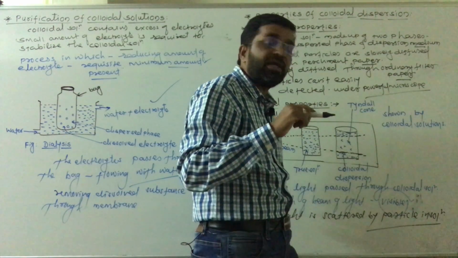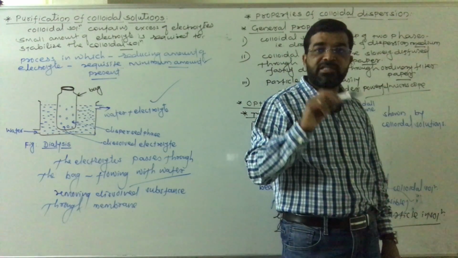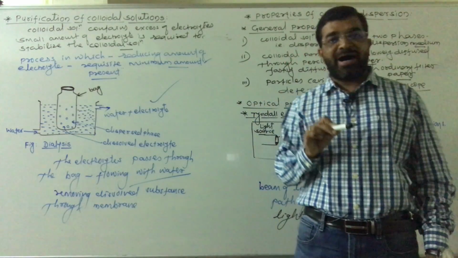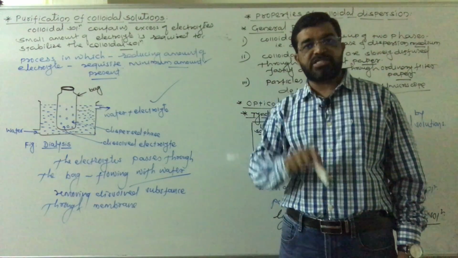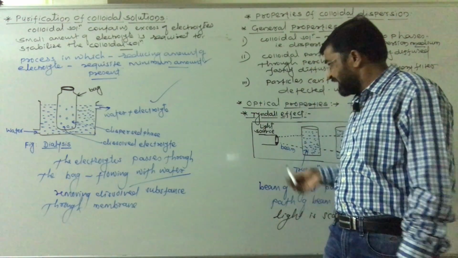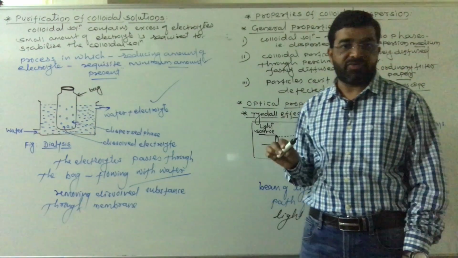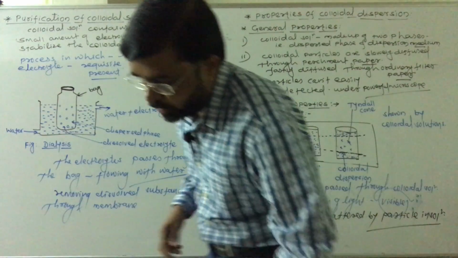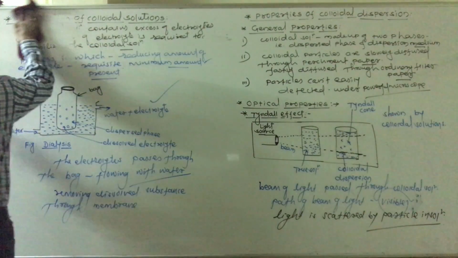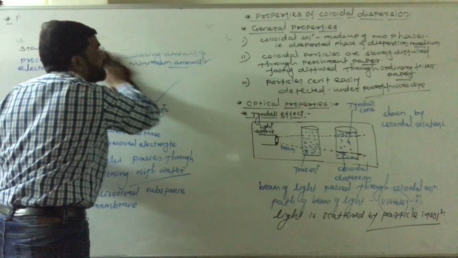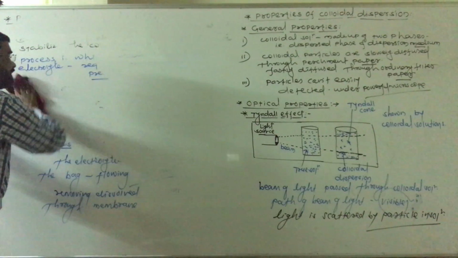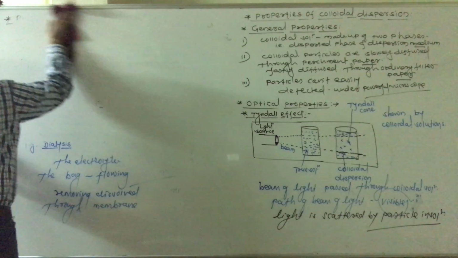So scattering of light by the colloidal solution, due to which the path of the beam of light becomes visible, is called the Tyndall effect. Few more points, like the importance and applications of the Tyndall effect, we have to study.